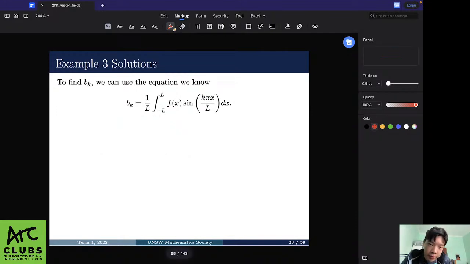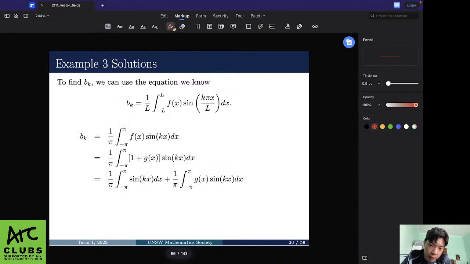Now what we can do is find our b_k value, and in the same way it's an integral of 1 on L times f of x times sine from minus L to L. And of course we know L is equal to pi, we sub everything in, and we also have f equal to 1 plus g.